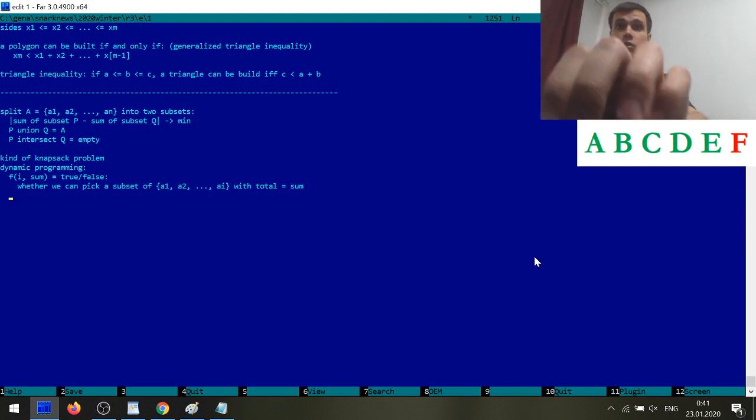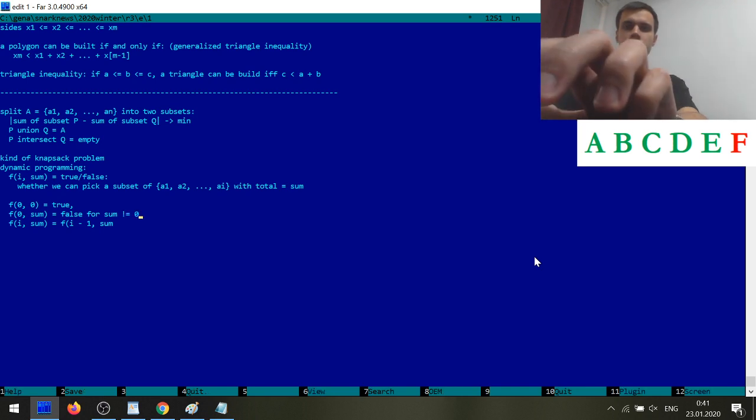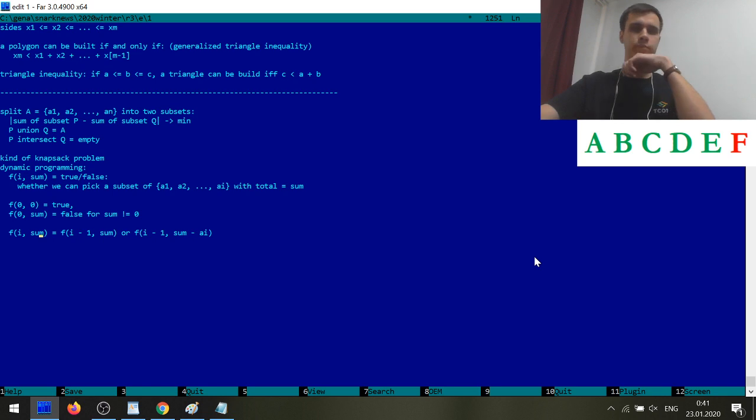So how do you calculate it? First we have f(0, 0) equal to true, and f(0, sum) equal to false for sum not equal to 0. Okay, that's the base condition. And then for each i, I can either choose Ai or not choose Ai. So if any of these is true, then f(i, sum) is true, otherwise it's false.